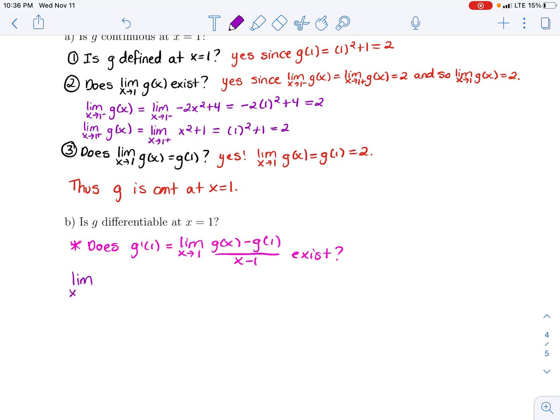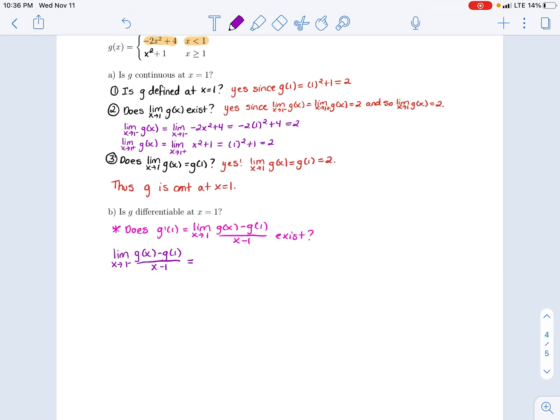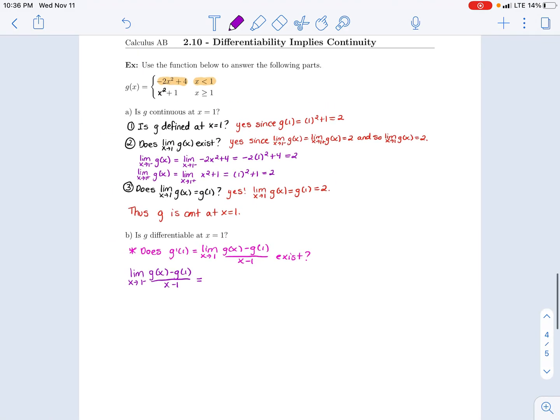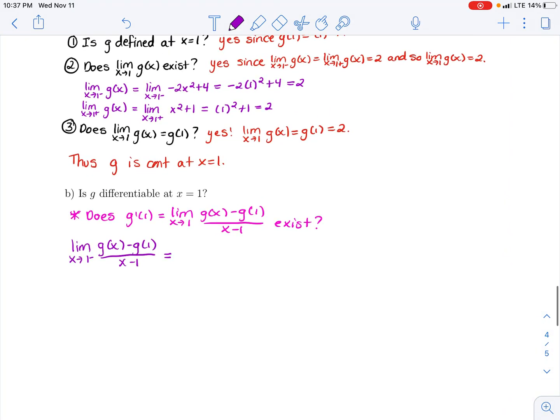So I have that the limit as x approaches 1 from the left of g of x minus g of 1 all over x minus 1 is equal to, I'm going to use the function that's highlighted in orange, right? Because to the left of 1, my function is defined as negative 2x squared plus 4.